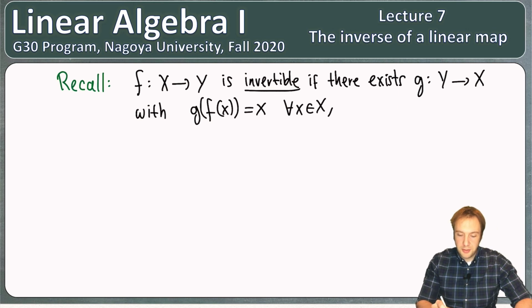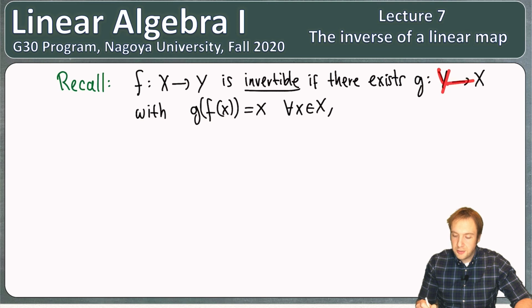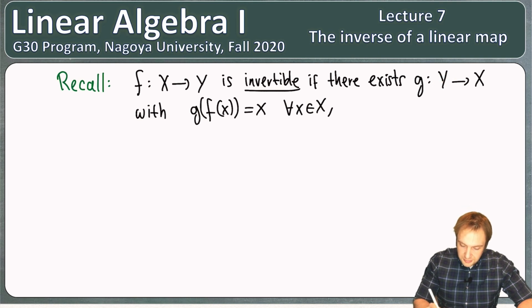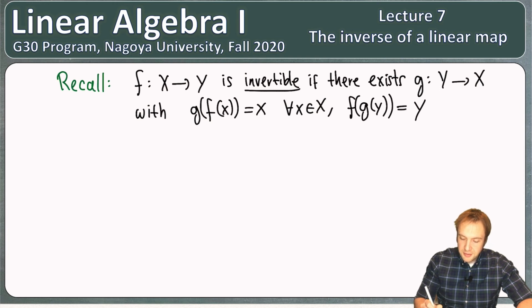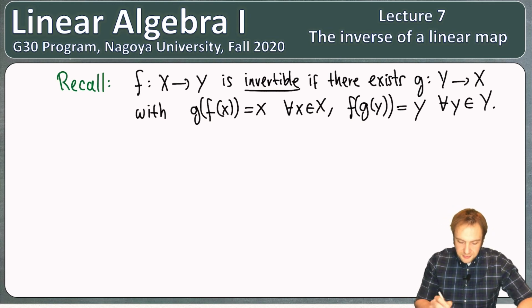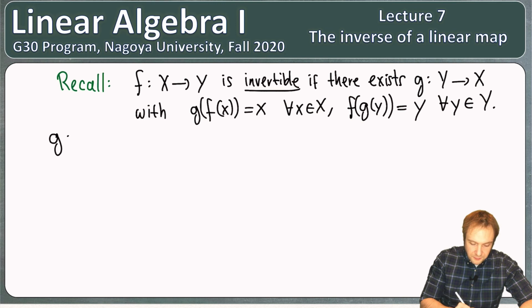And also the other way, meaning that f is also the inverse of g: if I start in Y, go to X, and then go back by f, then I should also end up again at the starting point. Meaning that if I apply g to some y, and then f, then I should end up at y again. And this should also be the case for all y in Y. And then this g is called the inverse of f.